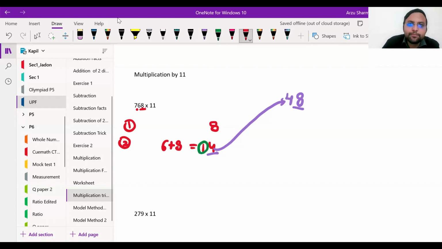Then the third step: add the tens digit and hundreds digit. We'll add 7 plus 6, which equals 13. That's the third step.